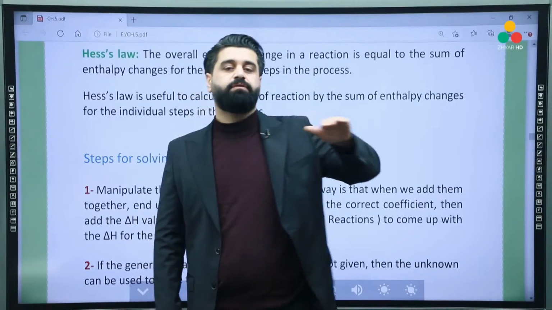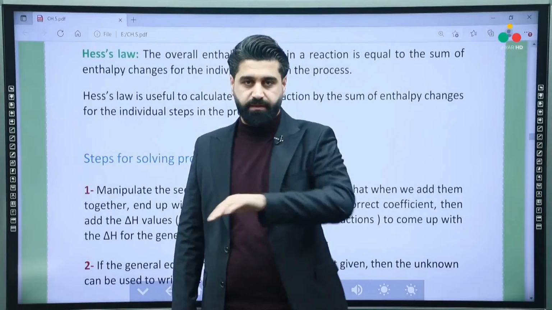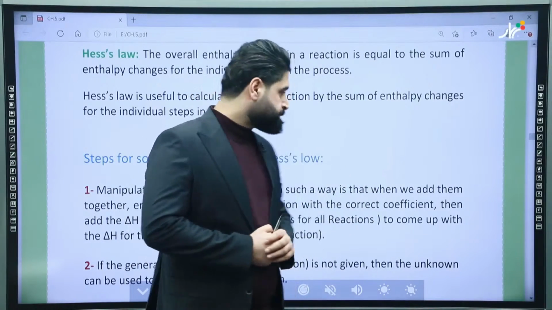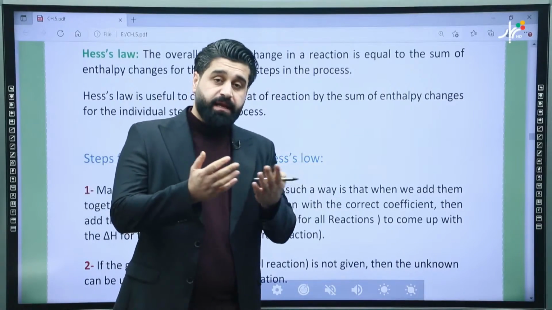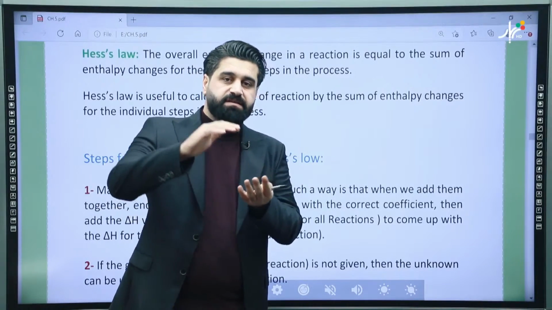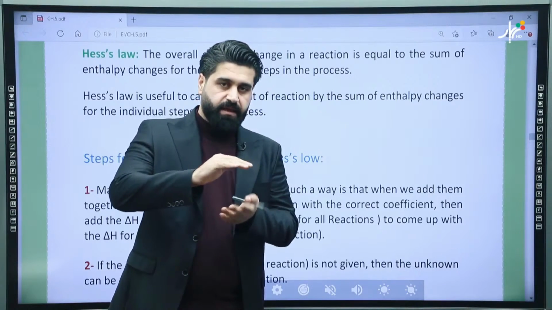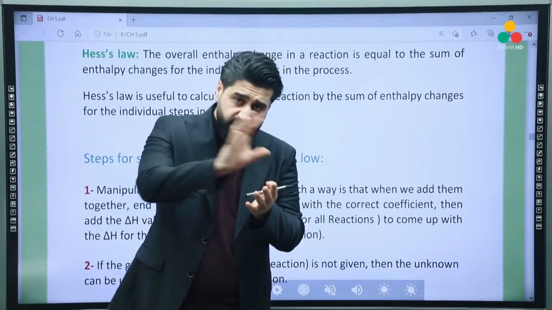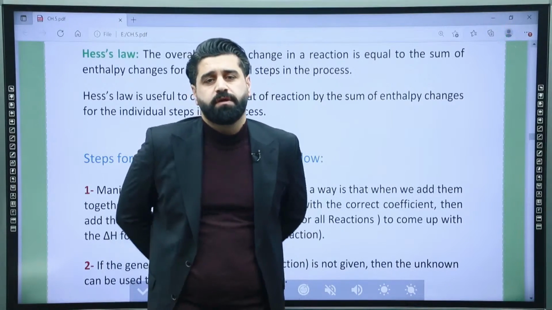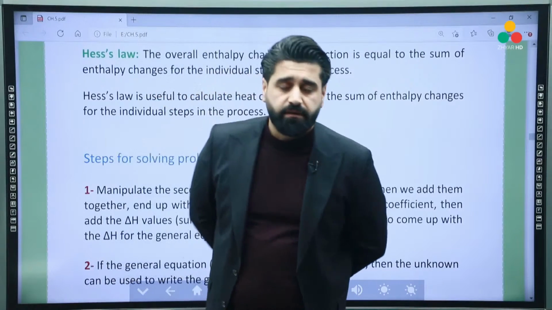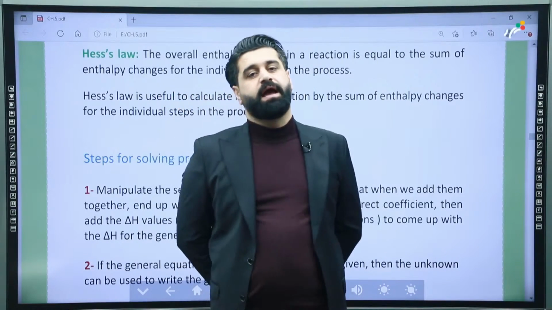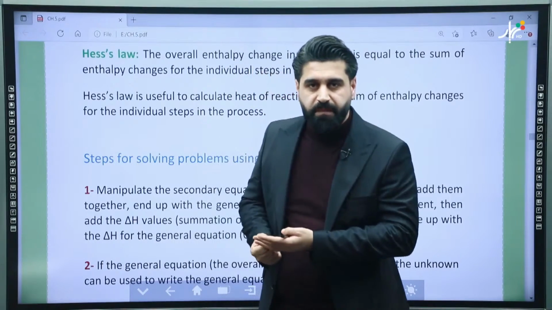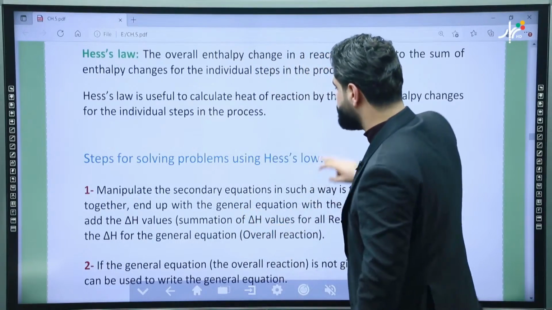Instead of a general equation, we have some primary intermediate equations, reactions, or we have more than one delta H. If a question gives us some reactions, you have to manipulate and arrange those reactions according to the general equation in such a way that if we add them together, it ends with the general equation with the right coefficients.